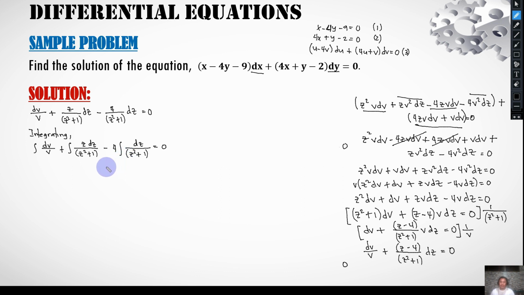It is easy, students: the integral of dv over v is just ln v plus c1.